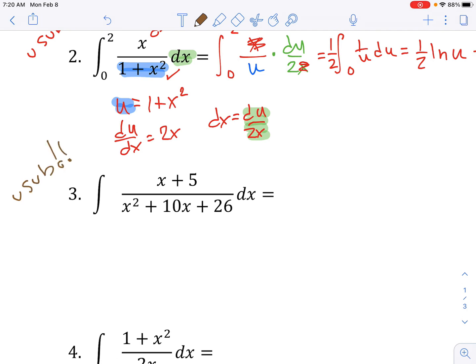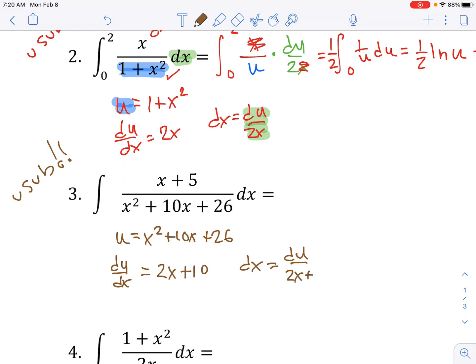Seriously, it is. Okay, so the tip is to let u be the denominator. So we're going to let x squared plus 10x plus 26 be the denominator. And then du dx is 2x plus 10, which is twice the quantity x plus 5. Wow, that's pretty cool. So solving for dx, we get du over 2x plus 10.